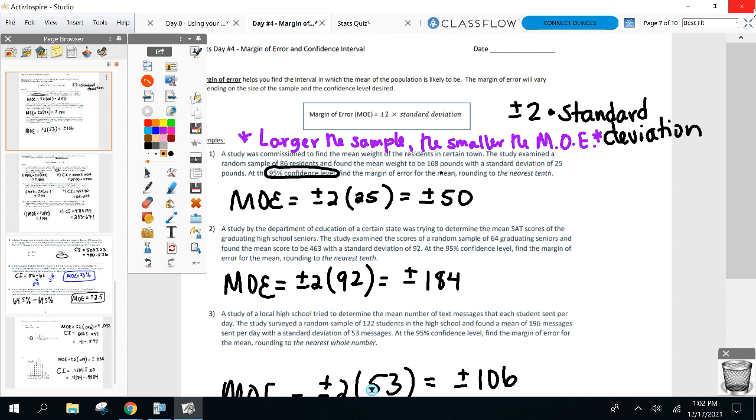If I found, like here, the middle one was 59. This is an easy one to do because they were 6 apart. I went 3 from each. 59 is in the middle, right? So margin of error is how far from the mean is it this way and how far is it from this way, and they're both 3, which they should be. So that's how I get to 3. So I just find out how far apart they are, and then where would the halfway point be? Okay? You're welcome.